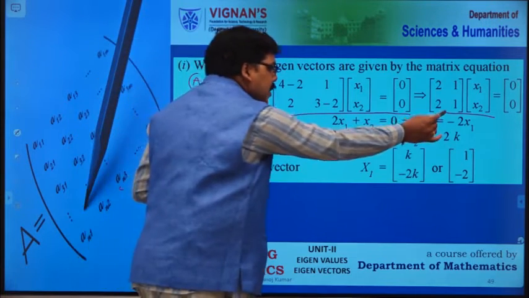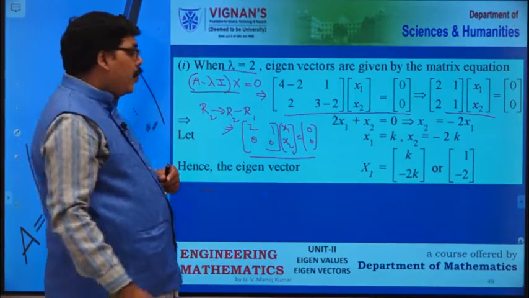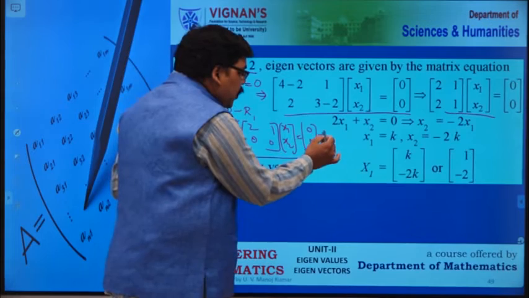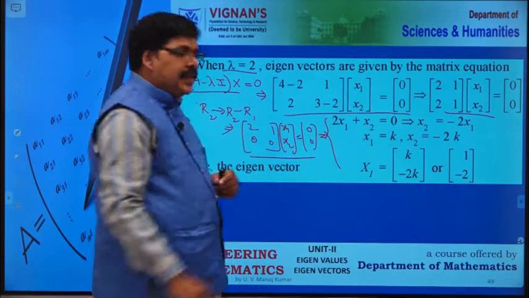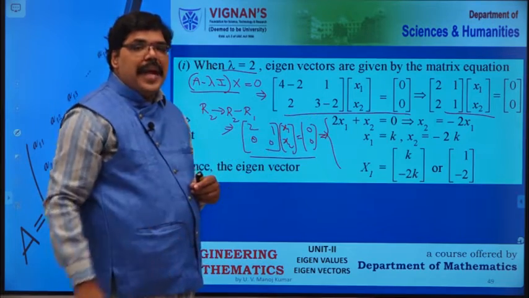So this reduces to this form. After completing this, you can calculate like this: multiply and back substitute.